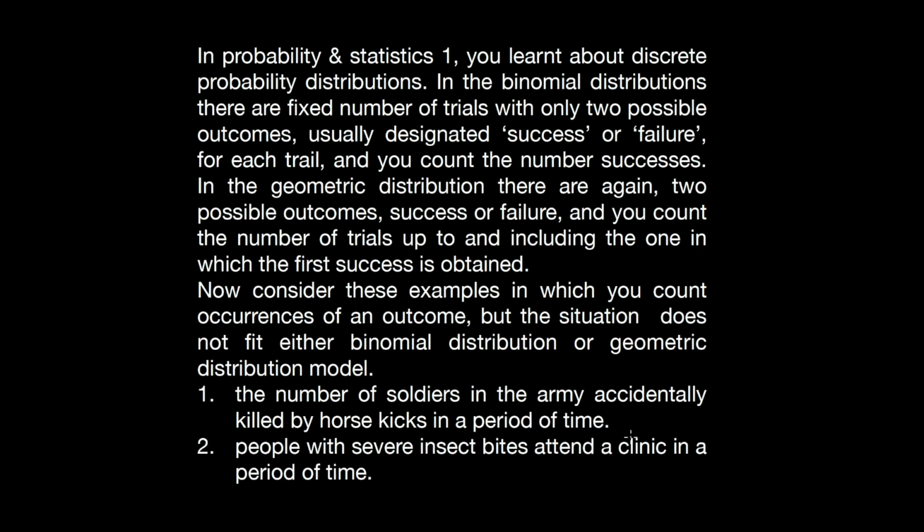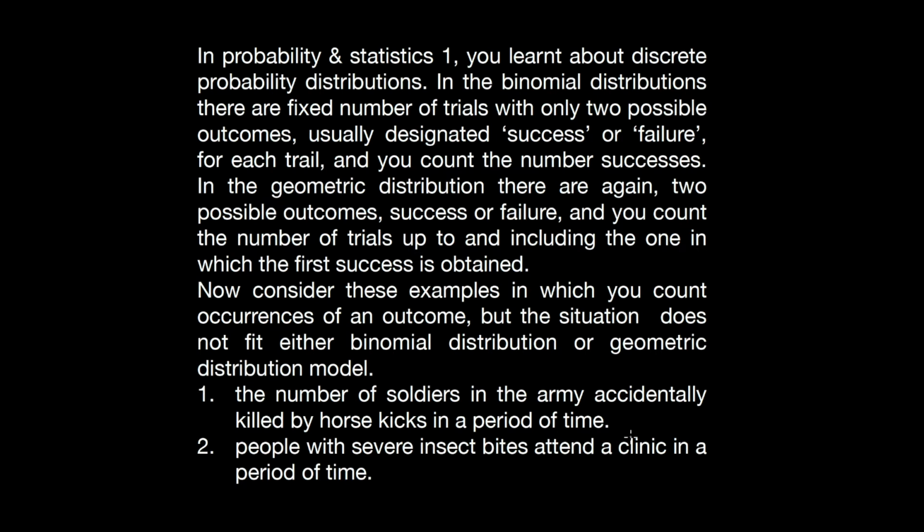Now consider examples in which you count the occurrence of an outcome, but the situation doesn't fit either the binomial distribution or the geometric distribution model. First case, the number of soldiers in the army accidentally killed by horse kicks in a period of time.